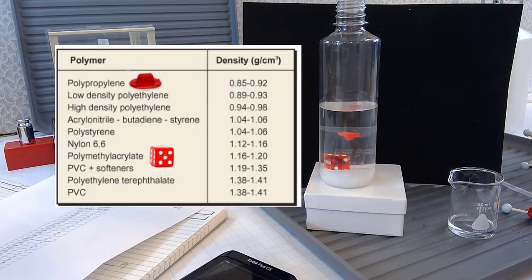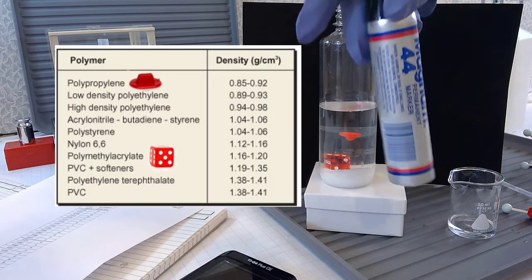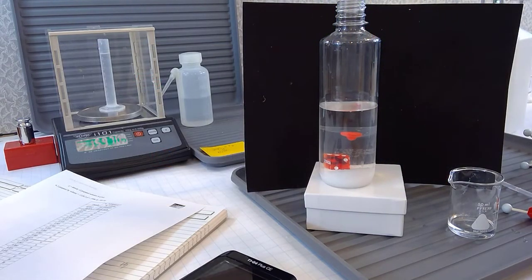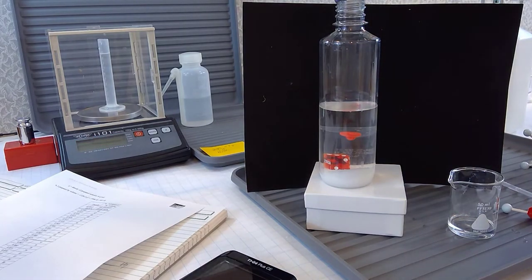Another little trick with this, which is going to be interesting. Here I've got a permanent magic marker, a permanent marker. Permanent markers don't dissolve in water. They're made of a non-polar dye. And I'm picking it up here, and I'm dropping it into my solution.